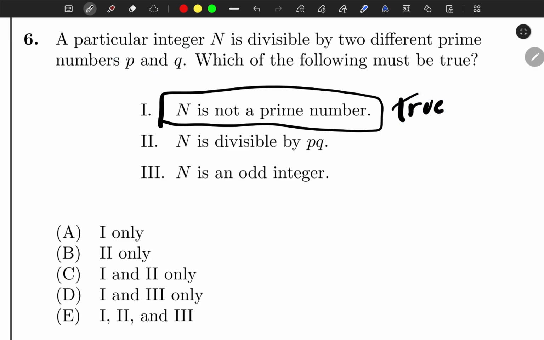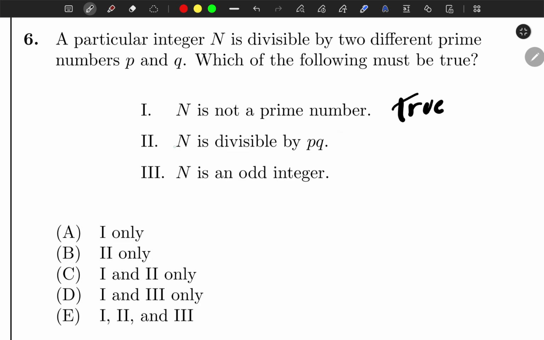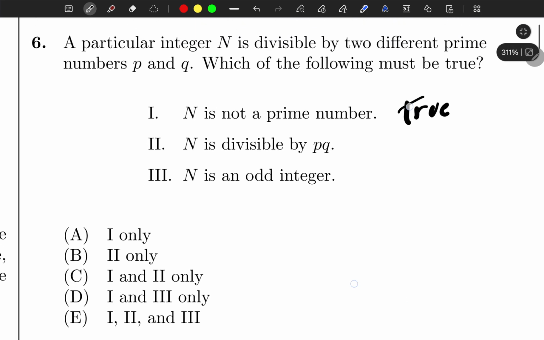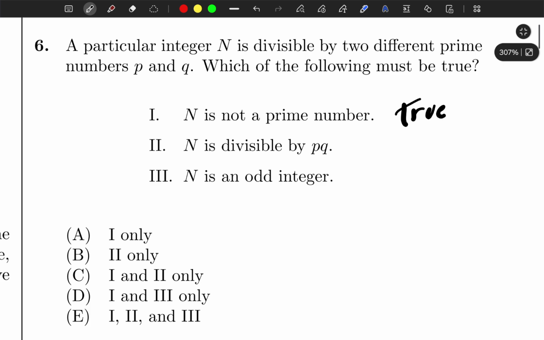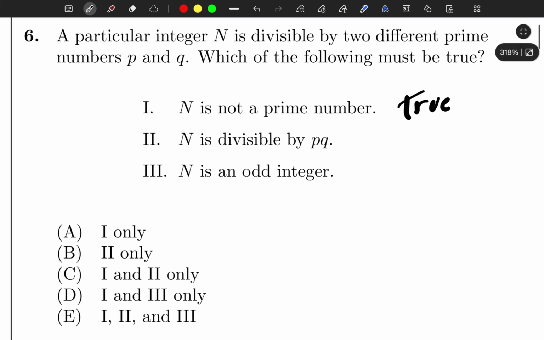The second statement says n is divisible by pq. So over here, it's an interesting concept. Whenever you are multiplying two numbers which are divisible by another number separately, if you multiply their product, they're still going to be divisible by that number. So, for example, let's just take an example over here.